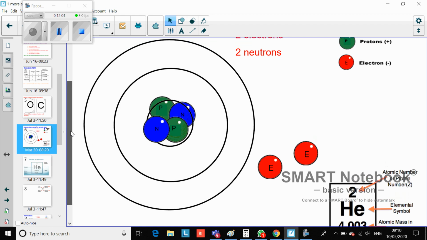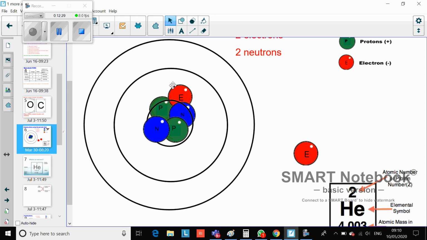Now the electrons circle around the nucleus in what we call orbital shells, and you're going to learn about those in a few lessons' time. Now, the atom overall, remember, has to be neutral. We've got 2 positive charges, so at the moment its charge is +2. Electrons are negative.